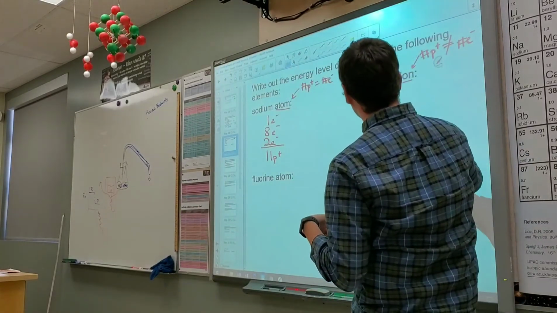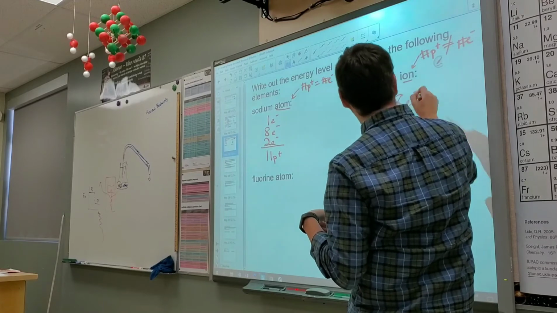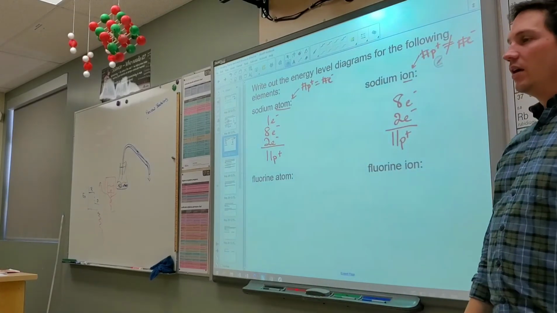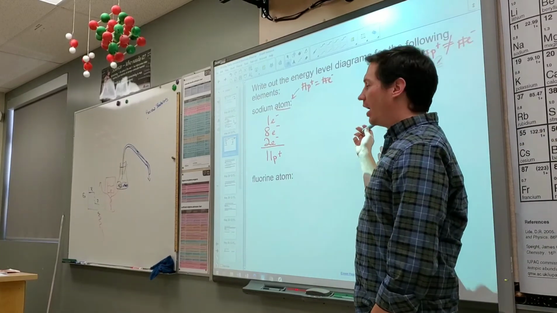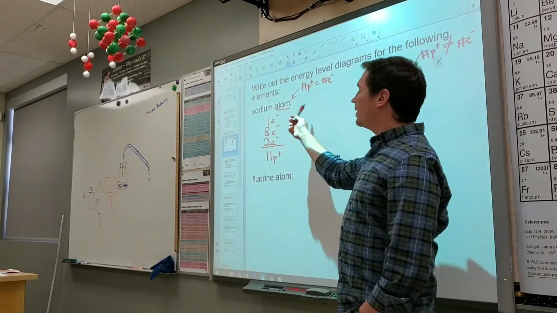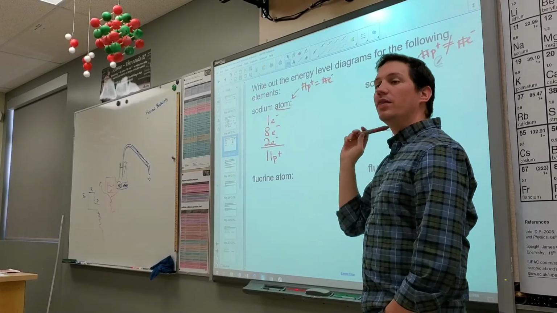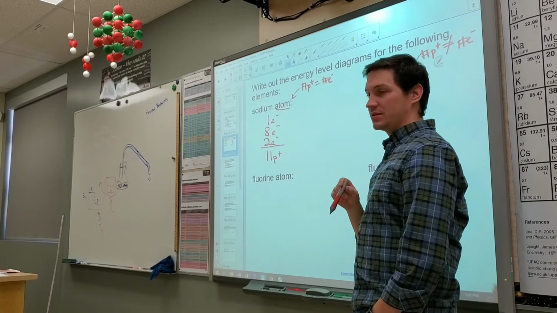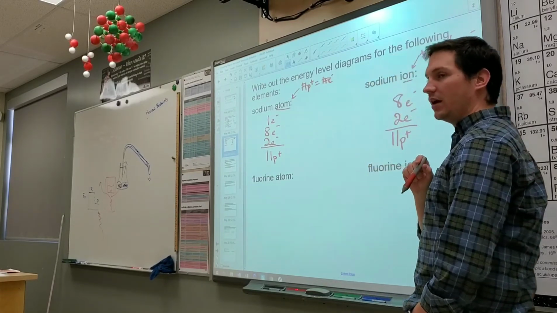So what that means is we've got 11 protons, 2 electrons, 8 electrons, and we're done. Does it make sense that when atoms turn into ions, what's the only energy level that's affected? The valence electrons, right? The valence shell is the only shell that's affected.